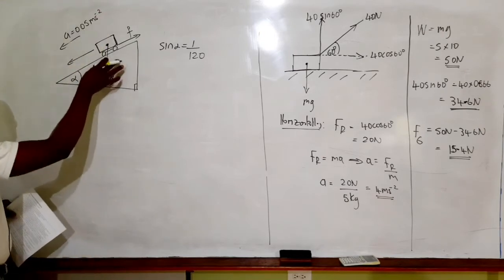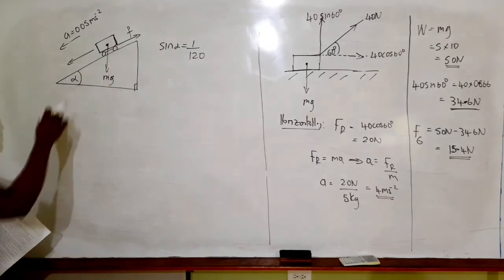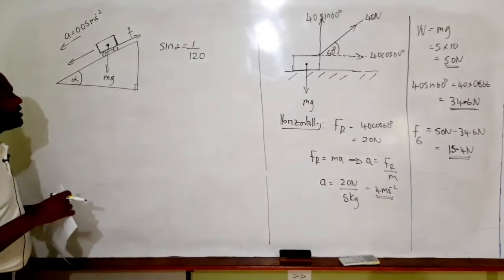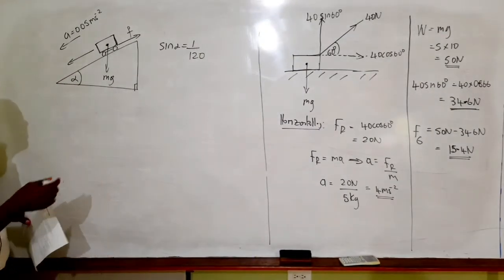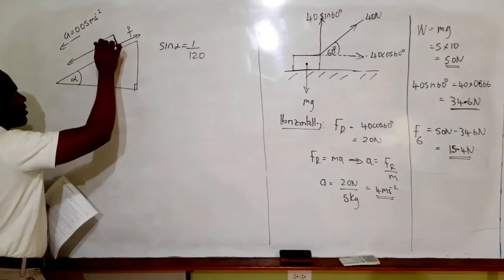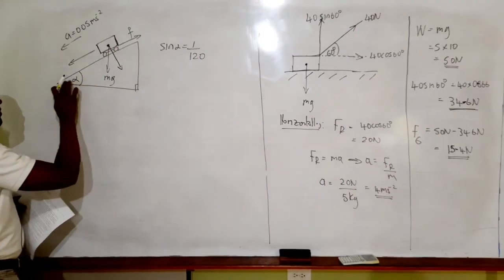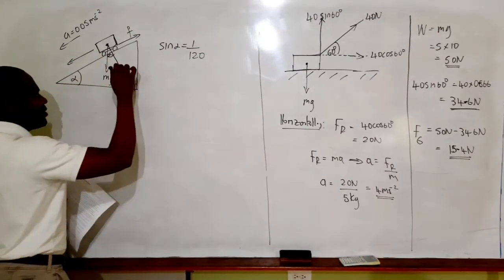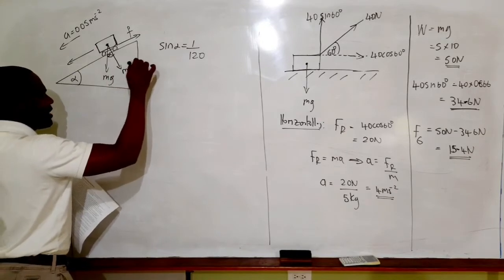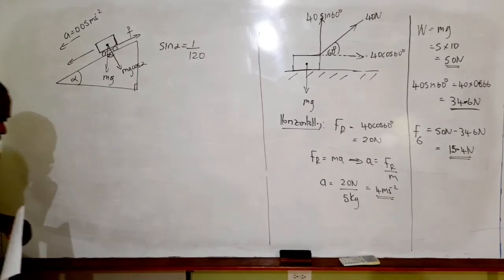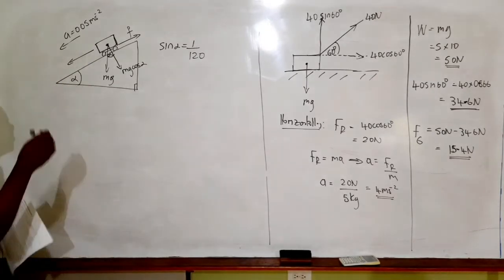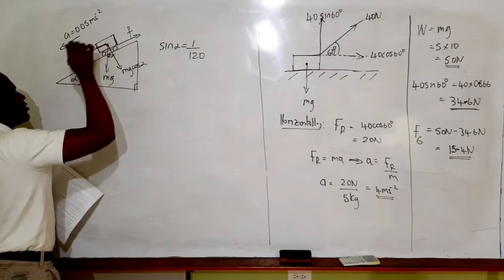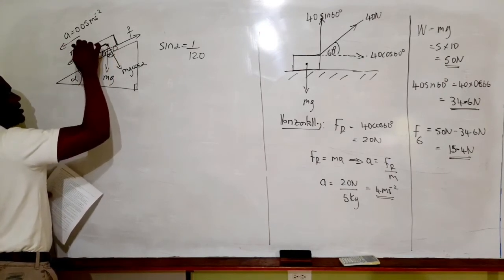Now we've shown the weight acting on the truck. We could actually resolve its weight into its components, as this may be necessary. The weight will have a component perpendicular to the slope, and if this angle is alpha, this angle will also be equal to alpha, and this component will be mg cos alpha. The weight will also have a component parallel to the slope, acting along the slope in this direction, and this would be mg sine theta.